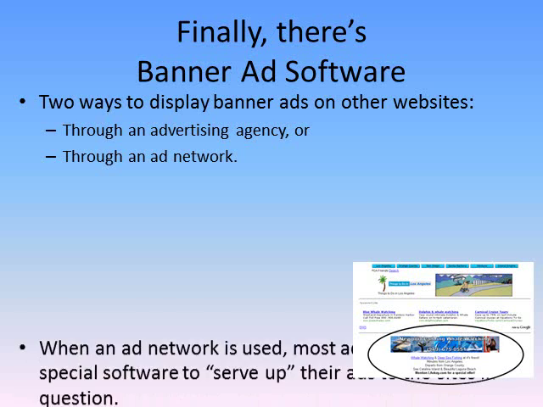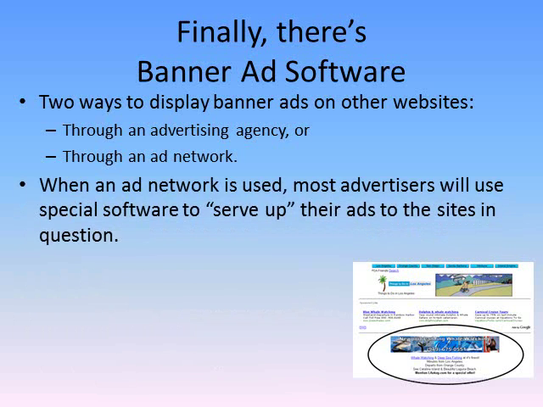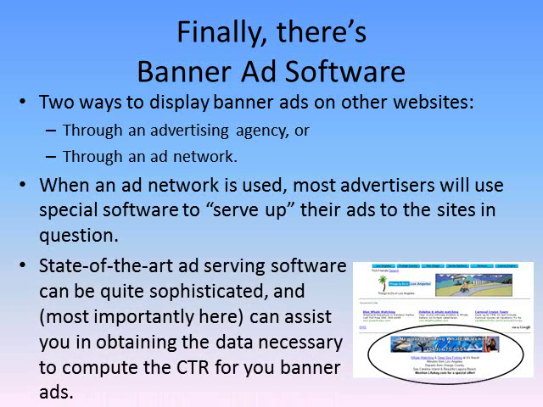And whenever an ad network is used, most advertisers will use special software to serve up their ads to the sites in question. And state-of-the-art ad serving software can be fairly sophisticated, quite sophisticated.